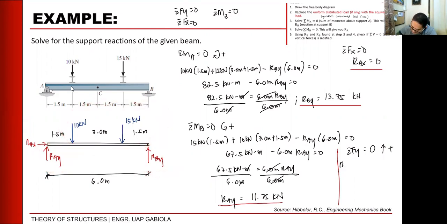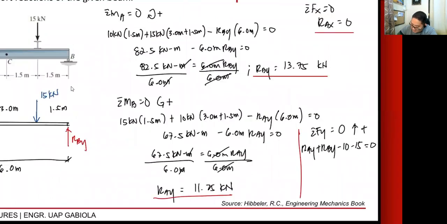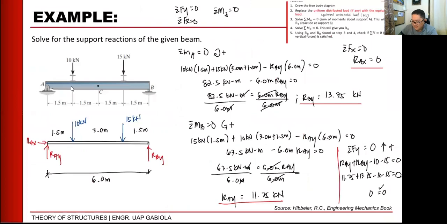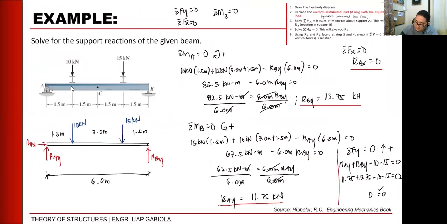So that will be RAY plus RBY minus 10 minus 15 is equals to 0. Let's substitute our calculated RAY and RBY. So RAY is 11.25 plus 13.75 minus 10 minus 15 is equals to 0. And when you calculate it, that will be equal to 0. So, okay, our values are right. Therefore, our calculated values of the reactions are indeed the values of our support reactions.